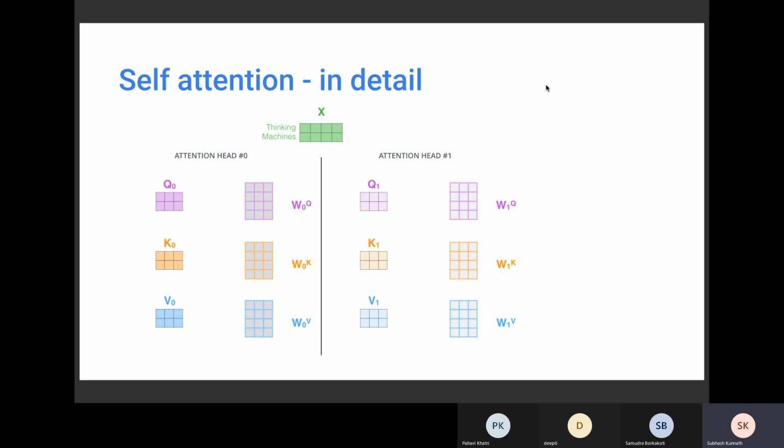And they didn't stop at having one attention head; they proposed to have multiple attention heads. So you will have multiple WQ, WK, and WV matrices randomly initialized. It's like when you want to make a decision, you ask multiple people.